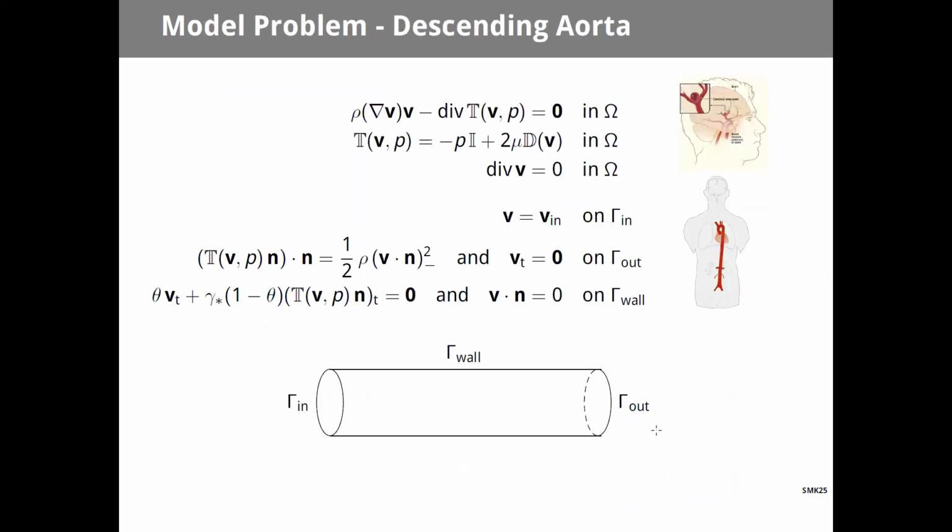So the core, what we are dealing with is basically incompressible Navier-Stokes equations, which is supposed to be a good model for the blood. So here it is for steady state, but you can imagine a time derivative there. You have some constitutive law.